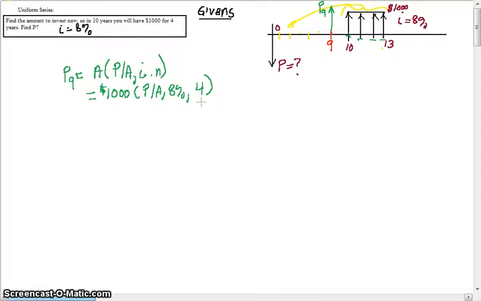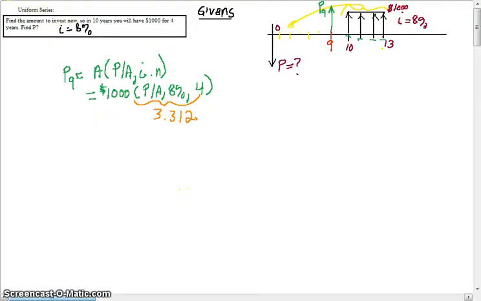If I look in the back of the book, in our Appendix C, in our tables, for 4 years, we're finding a P given an A. We find that this value here is equal to 3.312.